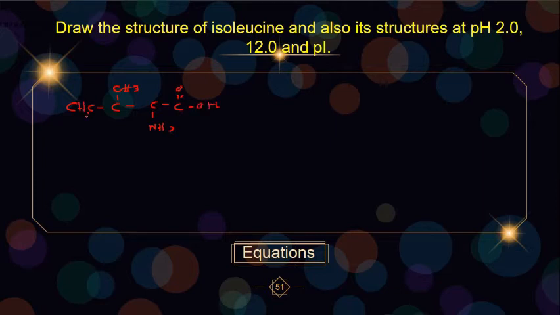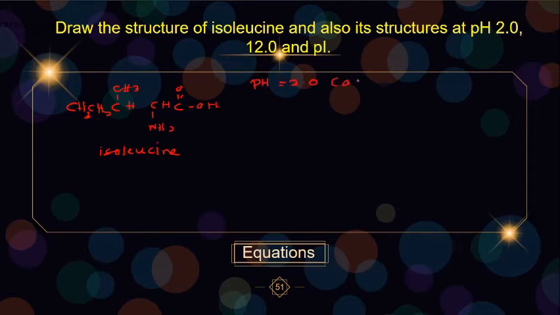Okay, you complete that, CH3, CH2, CH and CH. Okay, so ini adalah daripada IUPAC nomenclature tadi. So inilah sebenarnya isoleucine. So this isoleucine pula dalam keadaan pH, kalau kita nak draw dia dalam keadaan pH equals to 2.0.